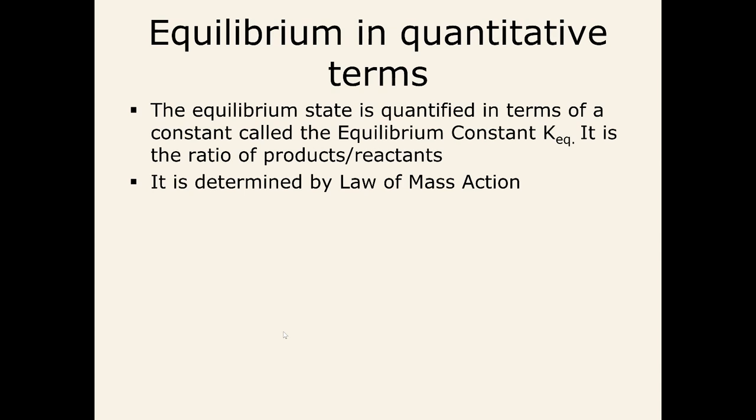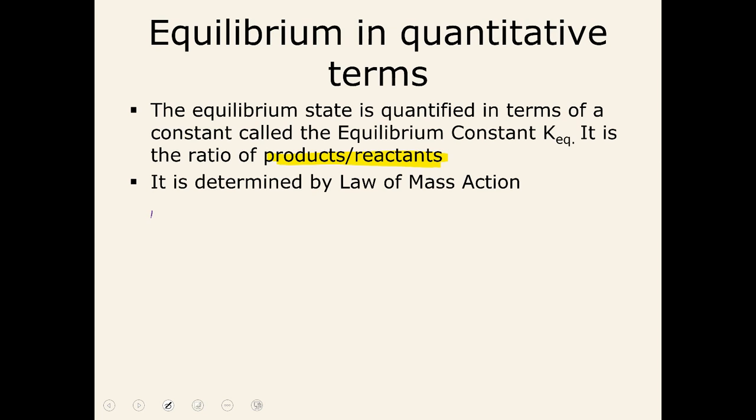There's a quantitative side. And the quantitative term is something called the equilibrium constant, K. And it's the ratio of products over reactants. So this is the important part, it gives us a really good indication of what's going on once equilibrium hits.